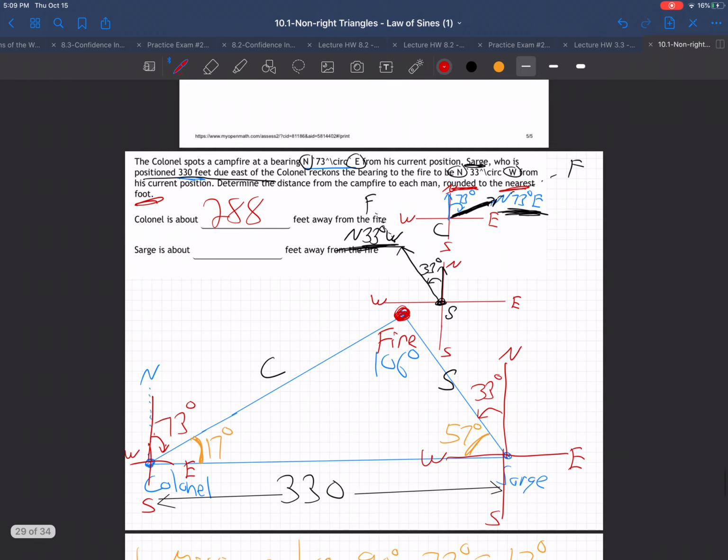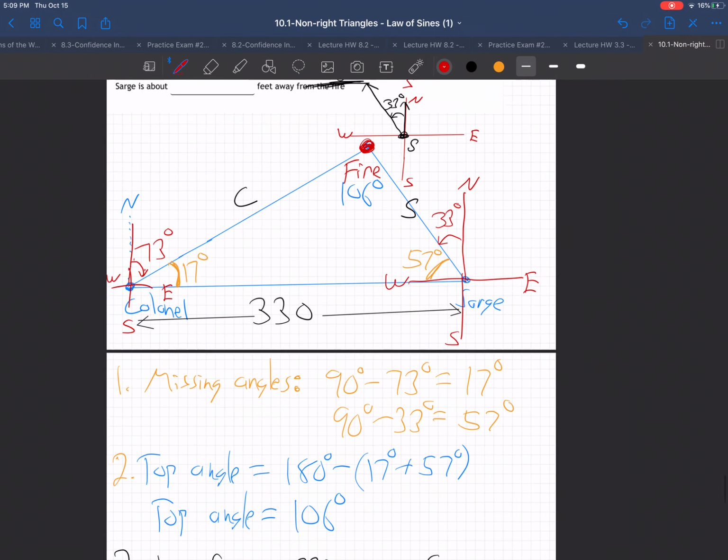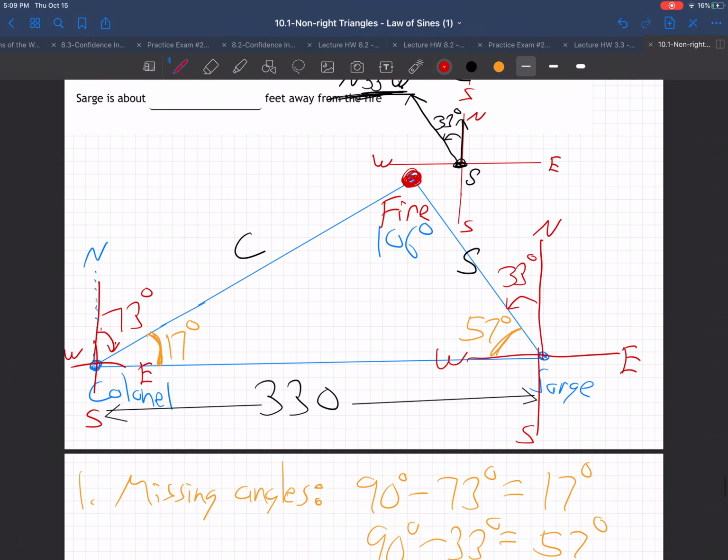And now let's do the same thing for the Sarge. So for the Sarge, we're going to do law of sines again. I'm going to go back to the same one, the 330 over sine of 106. That's what the law of sines says, side over angle across from it.